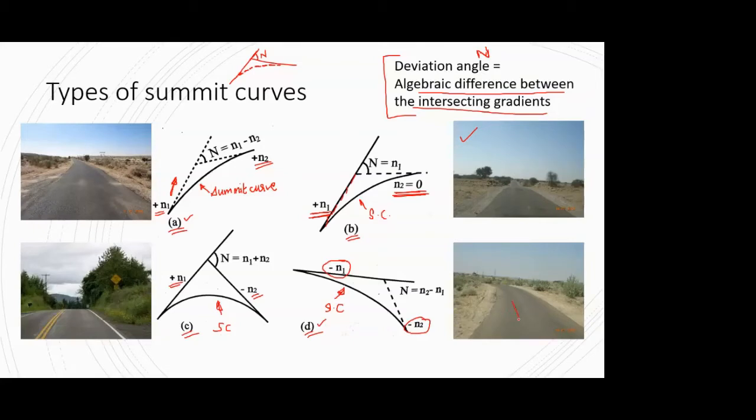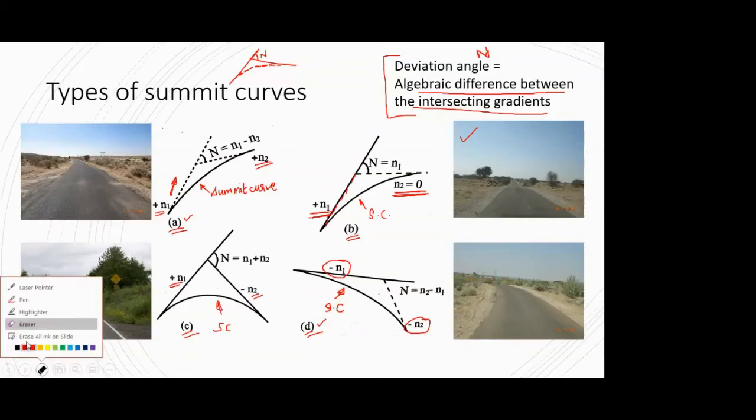Here, this was a down gradient but a bit mild, and then there was an even steeper down gradient over here because there was a small bridge. In that location, the bridges were at a lower level than the existing road level. So that's why we had a down gradient followed by a steep down gradient, and then there was a bridge over here. So you can see that this is the summit curve for type D.